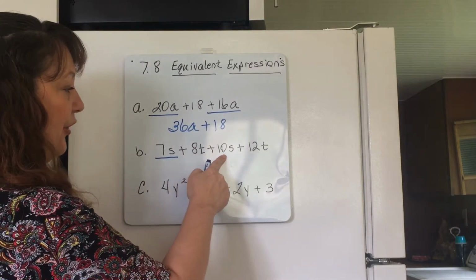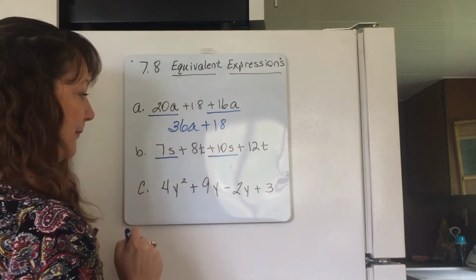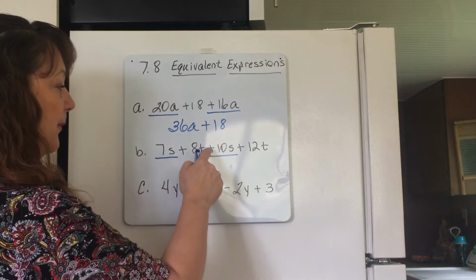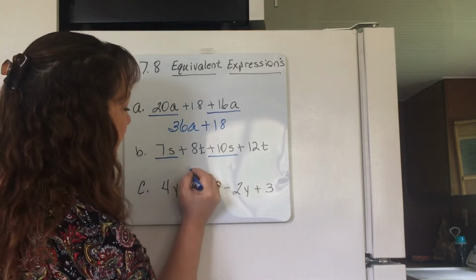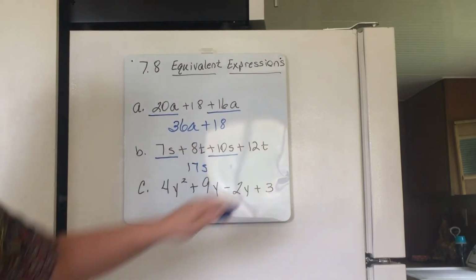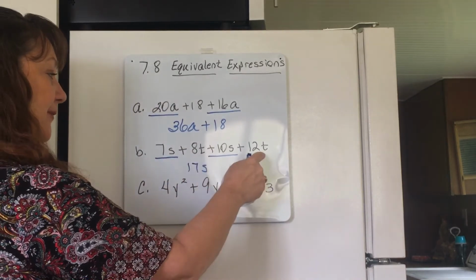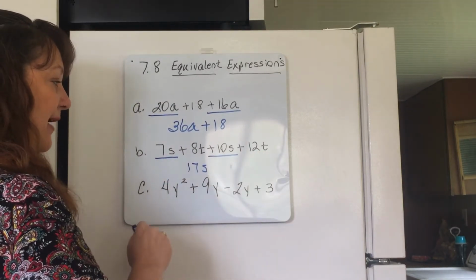Go on down. Well, this has an s, so I can add them. So 7s plus 10s is just 17s. Well, I still have these t variables left. They have the same variable raised to the same power.